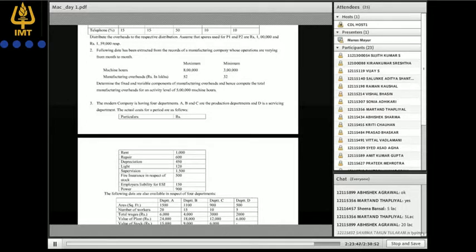For one machine hour, how much is it? 20 lakh is the total variable cost, and per unit it is how much? 4 lakh? So 4 lakh per machine hour. So that is your variable cost.